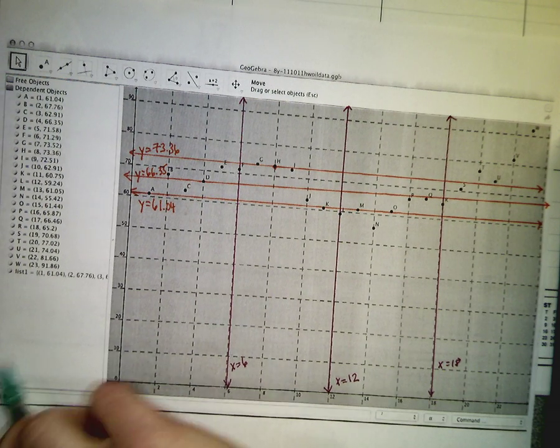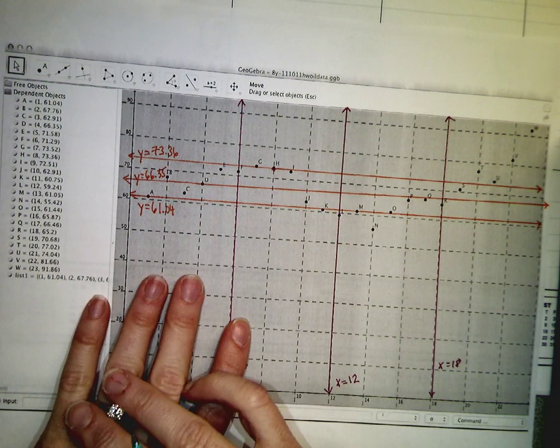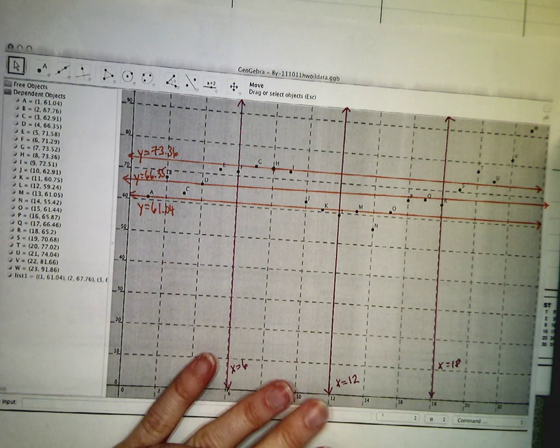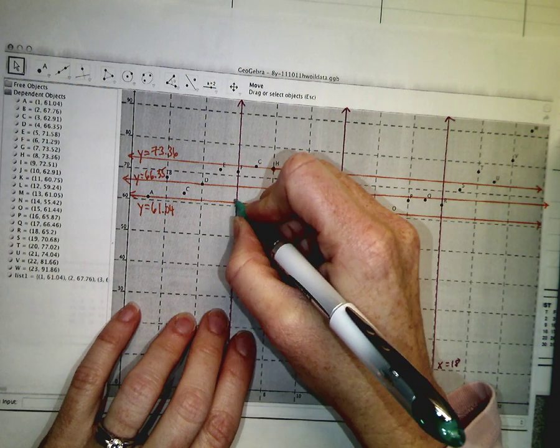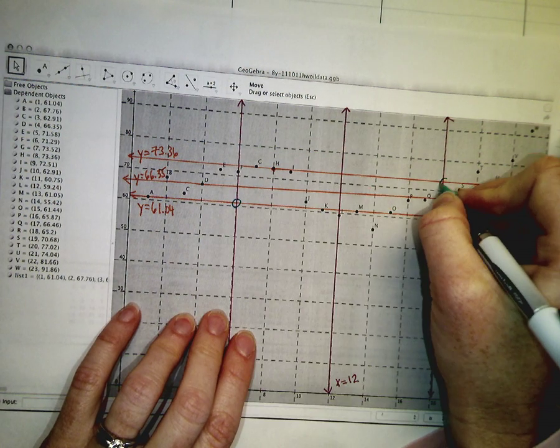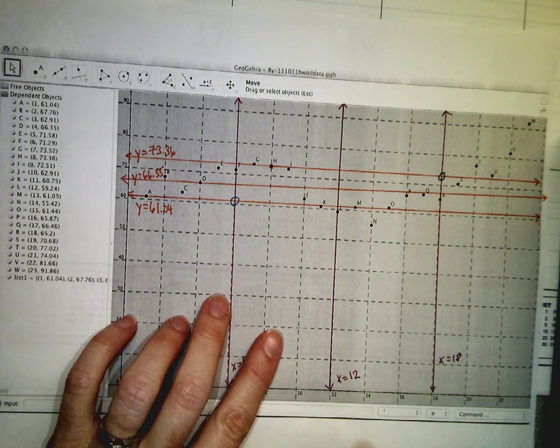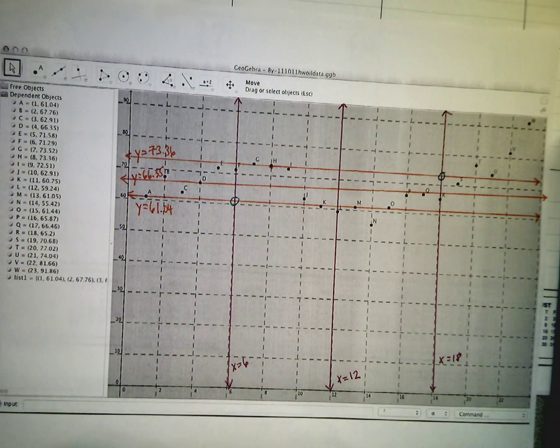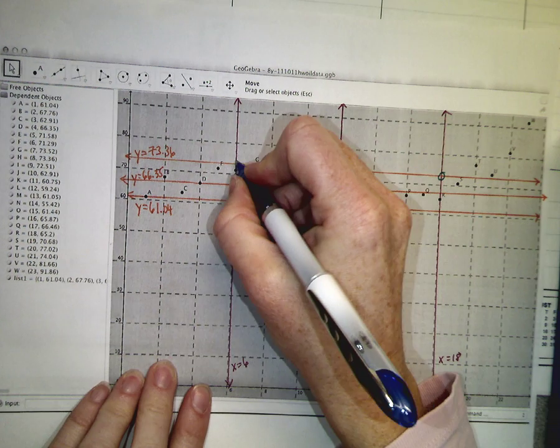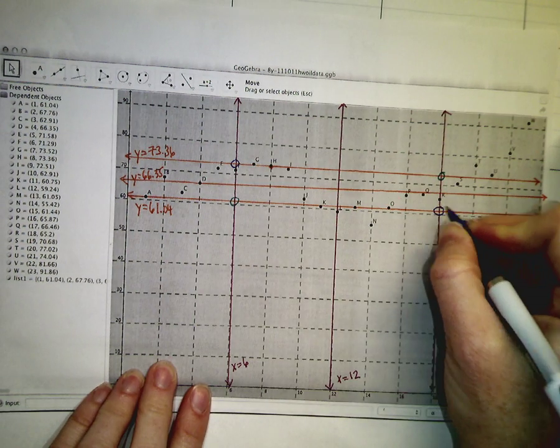I think you could make an argument in either case. You're going to have to decide: do you want to connect from this vertex to this vertex, or from, let me get a different color, this vertex to this vertex?